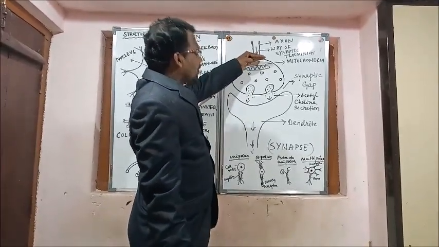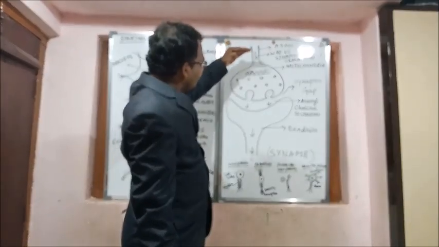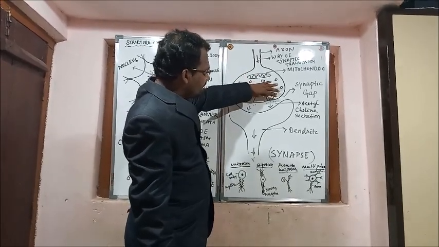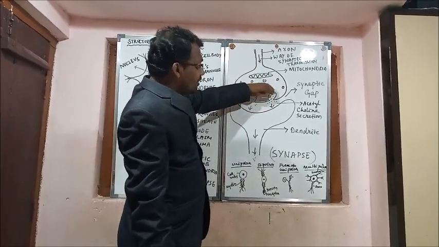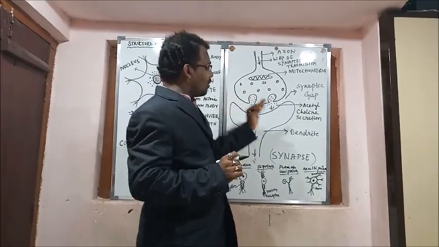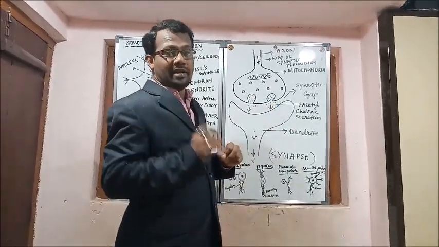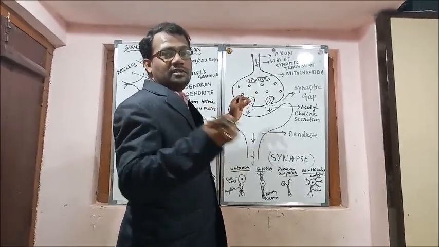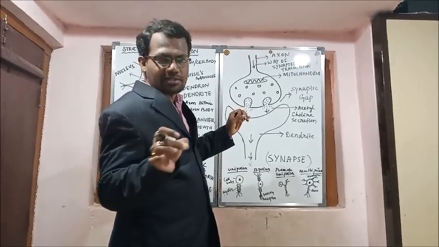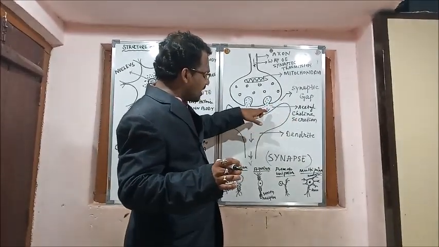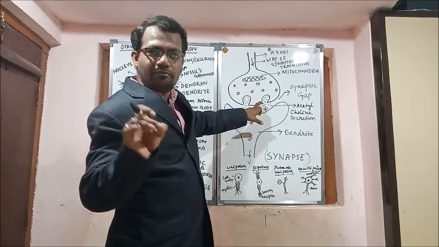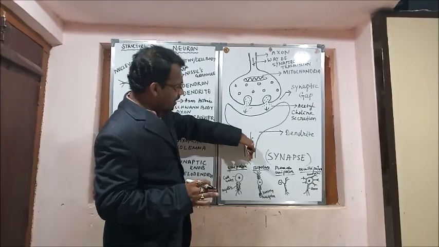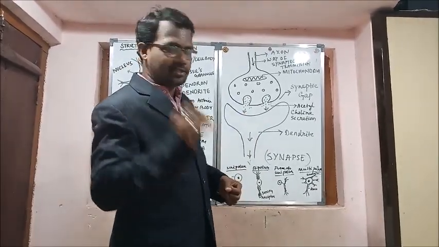So here the impulse will come, and here it will form the synaptic gap, and here acetylcholine secretion starts. It is a chemical, and it acts as the neurotransmitter because it forms the process known as the electrochemical process. This acetylcholine is called a neurotransmitter, and it transmits the impulse from this side to this side. Through this way, it will move to the next neuron.